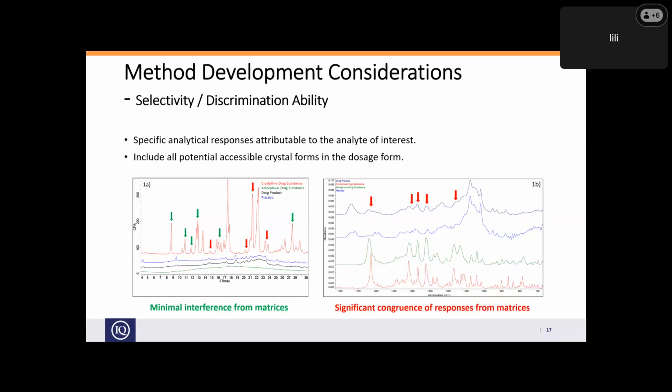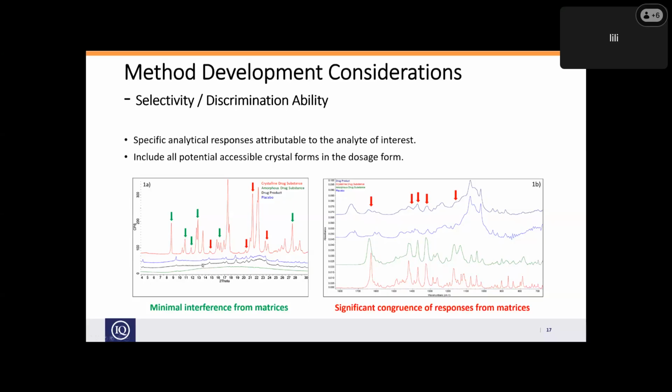In the left figure of the PXRD overlays, the peaks marked by the green arrows show good selectivity of crystalline drug substance against the amorphous drug substance or against the ASD drug product matrix.